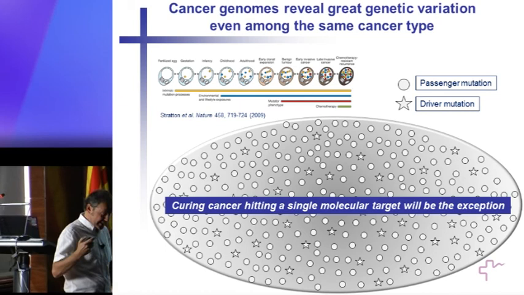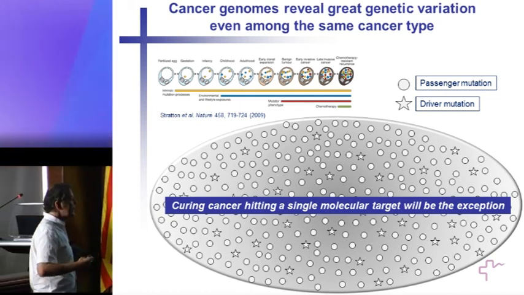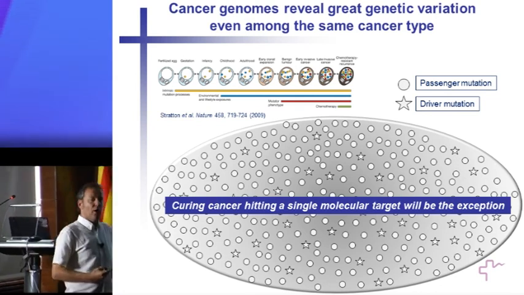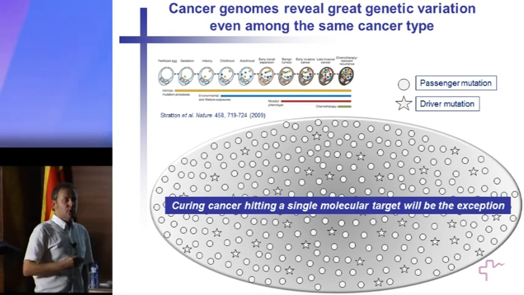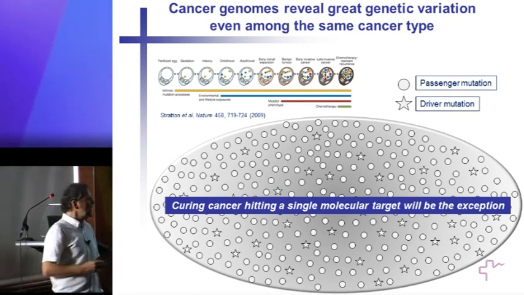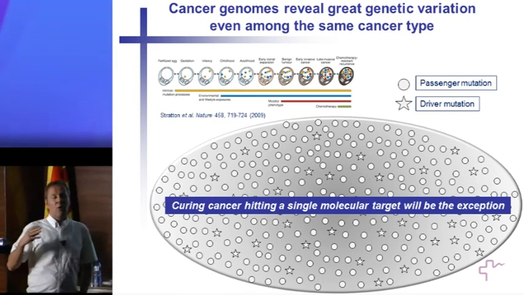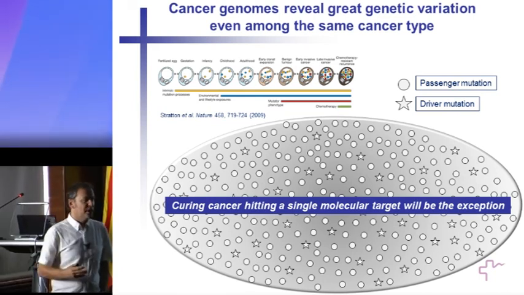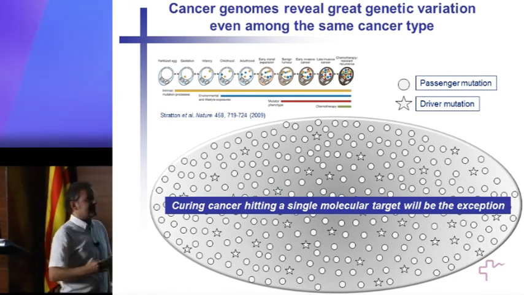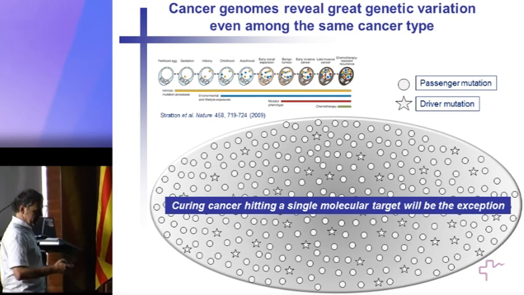The sequencing of cancer genomes revealed an overwhelming number of somatic mutations. Obviously the majority of these mutations have nothing to do with tumor formation or progression. But there are also many more driver mutations than expected. Driver mutations really drive the tumorigenesis.